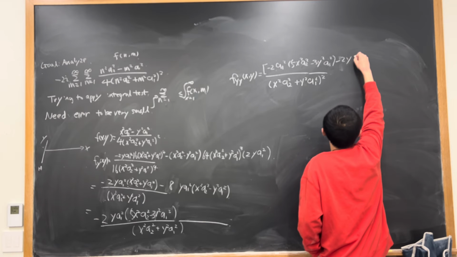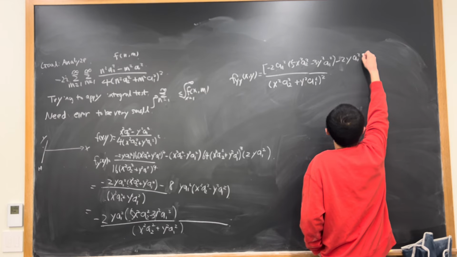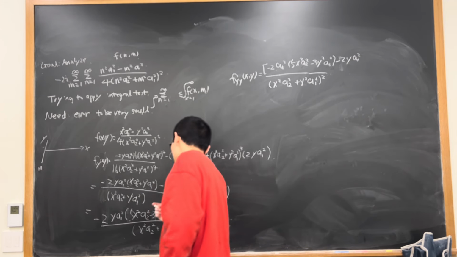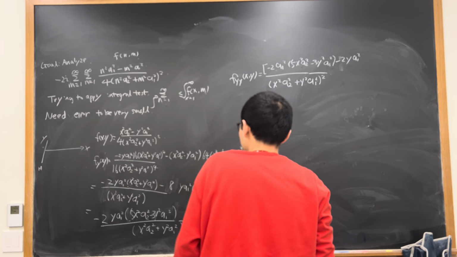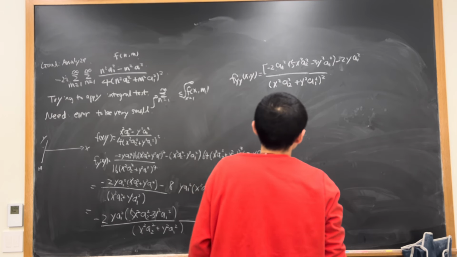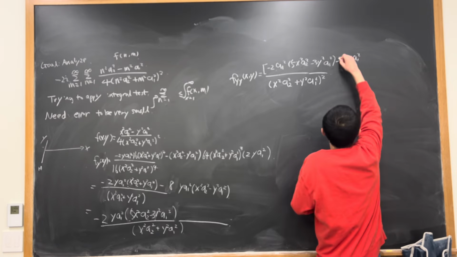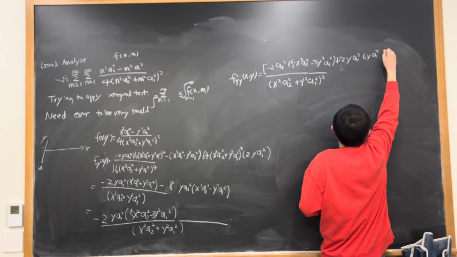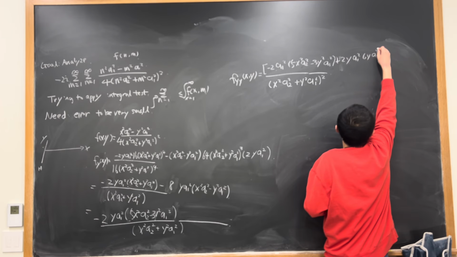So 2y a1 squared. What is the derivative inside? 6y. Negative 6y a1 squared. Okay.